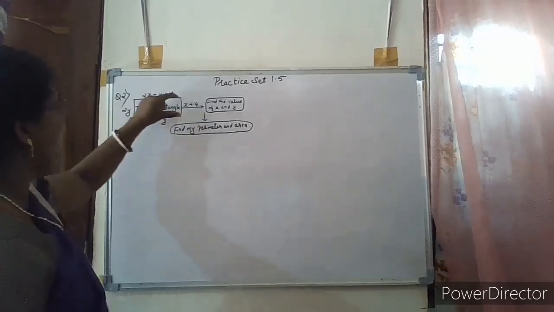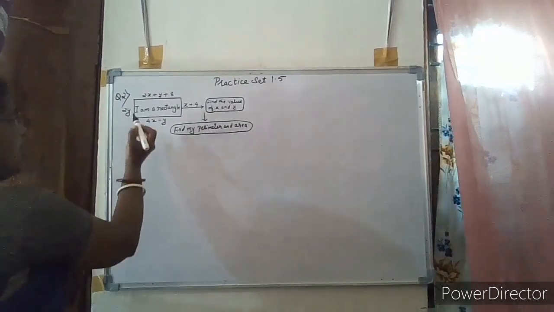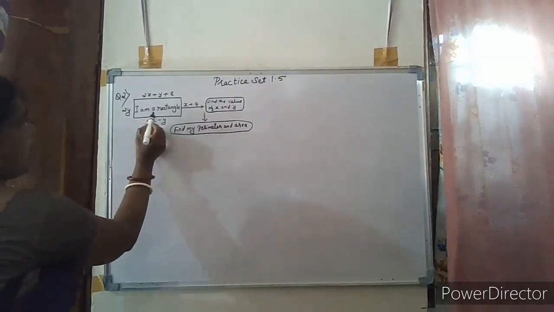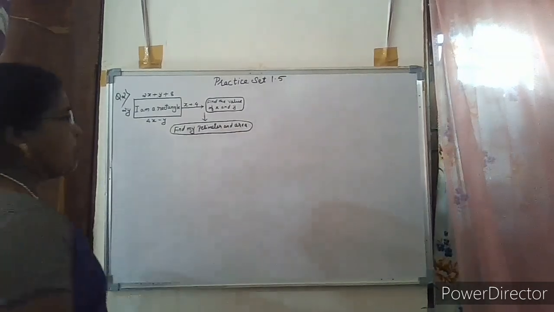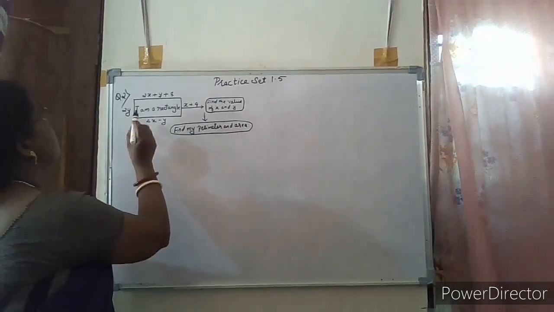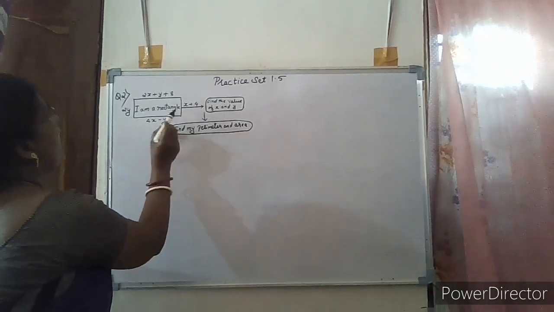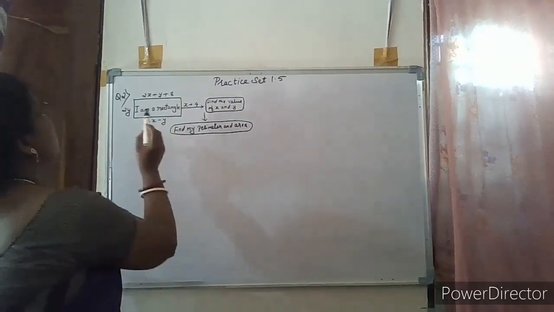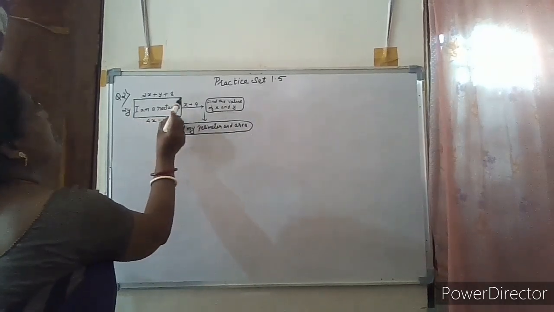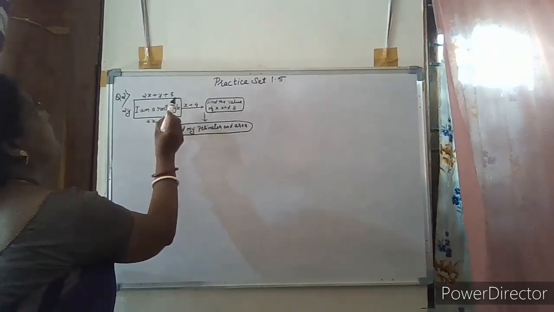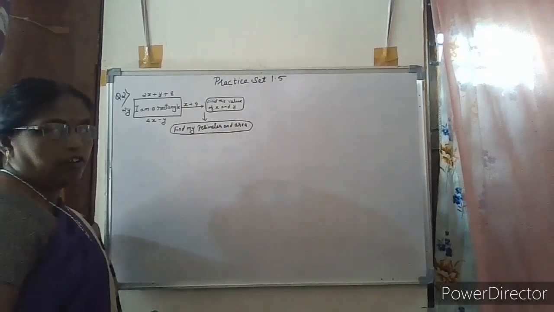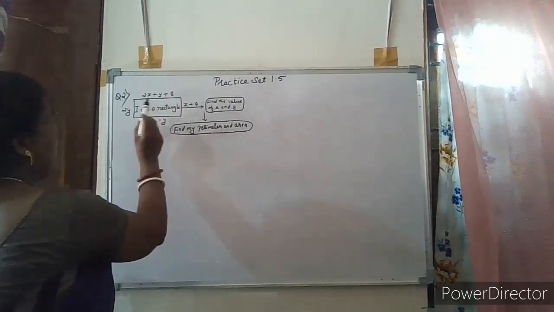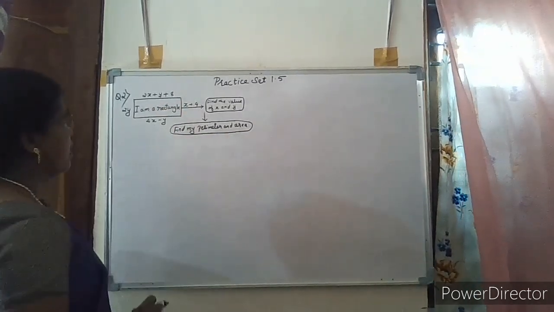You see there is a box given. It's given that I am a rectangle. You know what a rectangle is? Yes. So it's given I am a rectangle. So when it is a rectangle, this side we understand to be the length, and there is an equation given here.